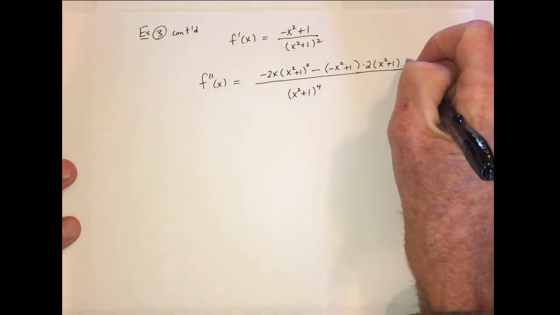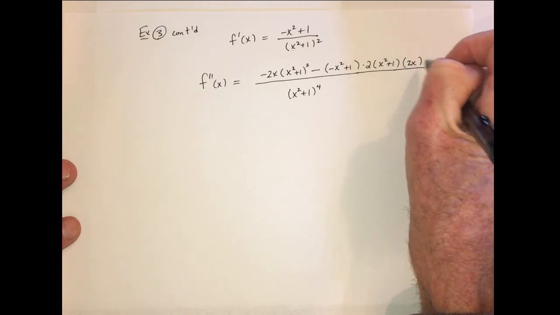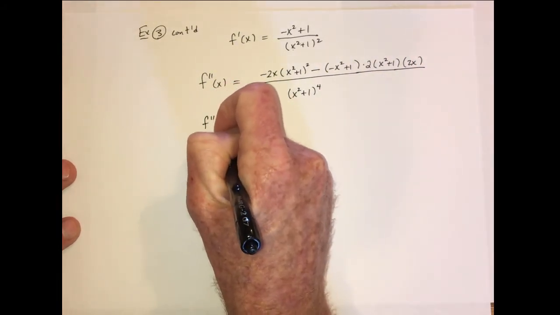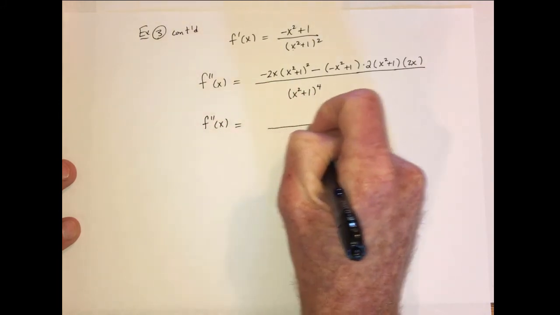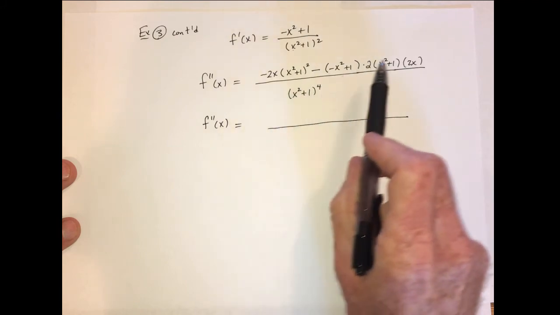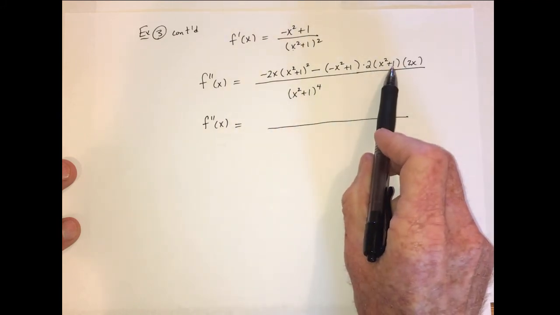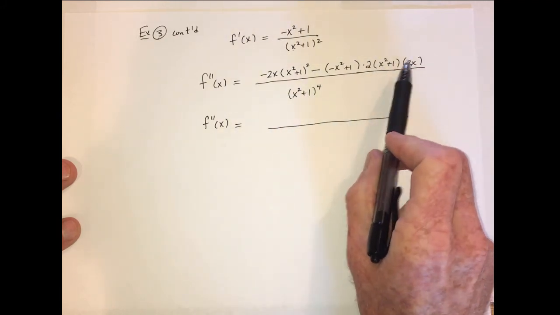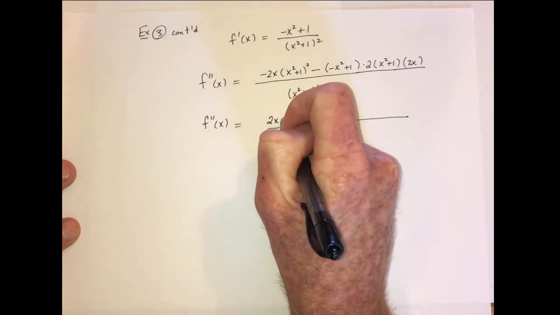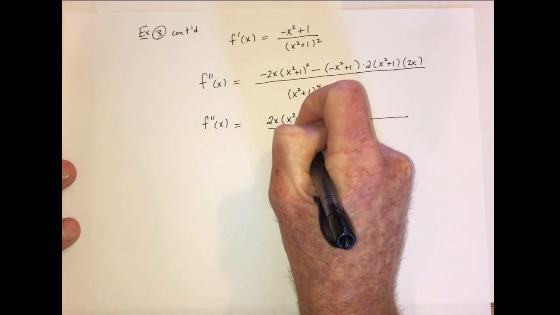The derivative of the inside is a 2x. And then if you look at the top, this has an x squared plus 1, and this has an x squared plus 1. Also, this has a 2x, and this has a 2x. So I'm going to go ahead and factor out 2x, and also x squared plus 1.